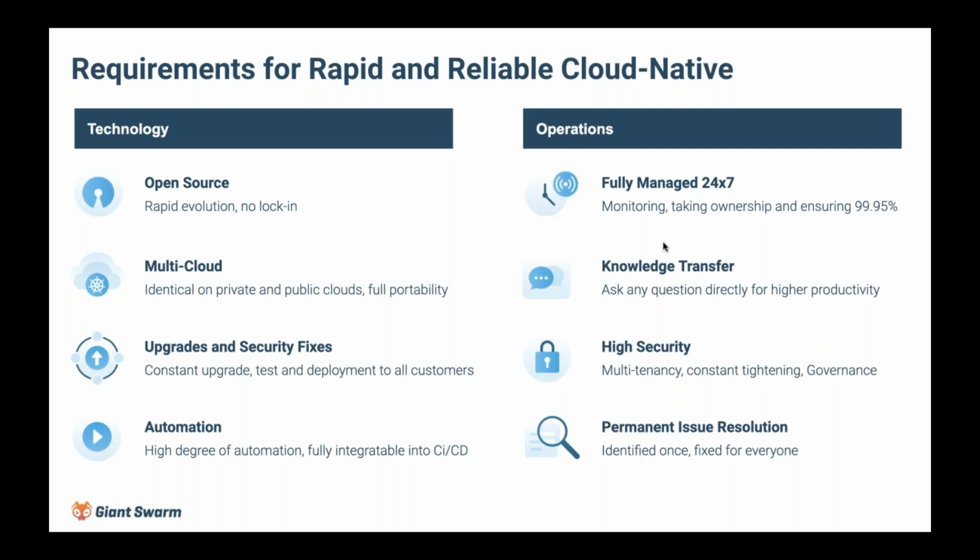And then a very important aspect, often forgotten, is that whenever you run into an issue, you can resolve the issue, but that doesn't mean that the problem doesn't appear again.